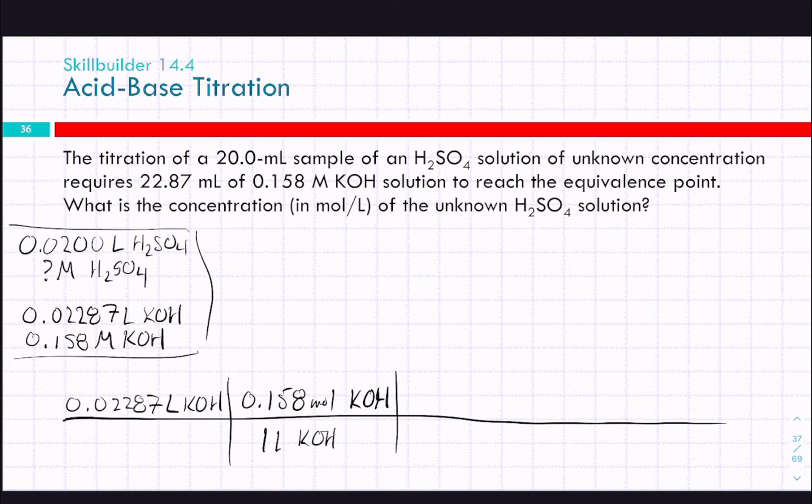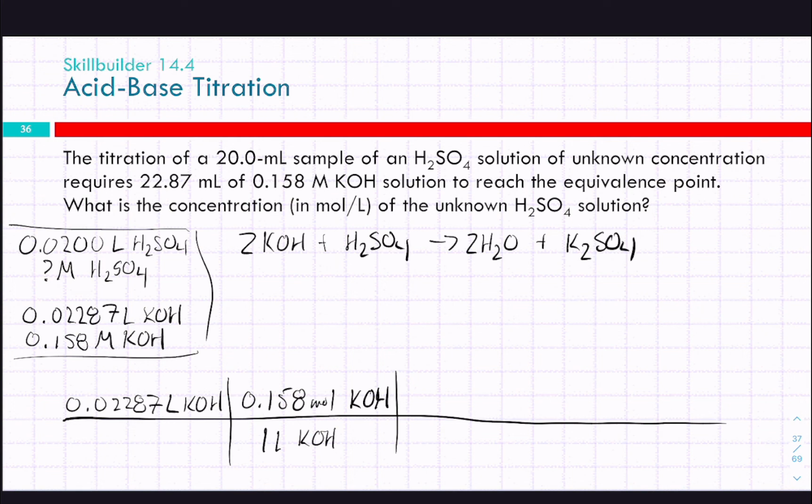So we could write out the equation, KOH plus H2SO4 will give us H2O plus K2SO4, and then to balance this, this is more like the other stoichiometry problems we've done.